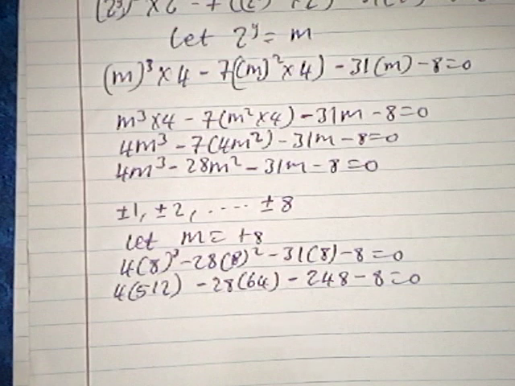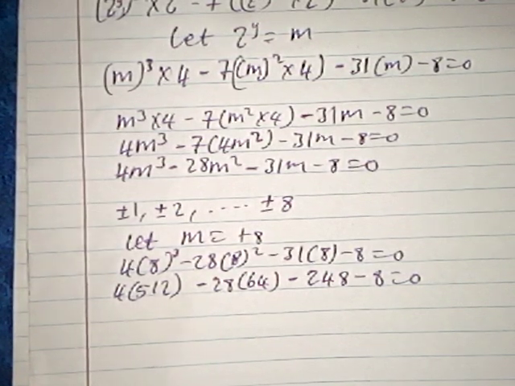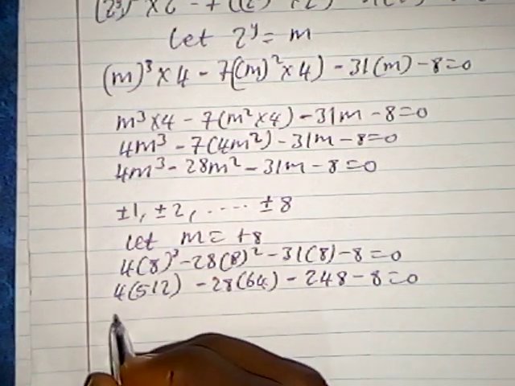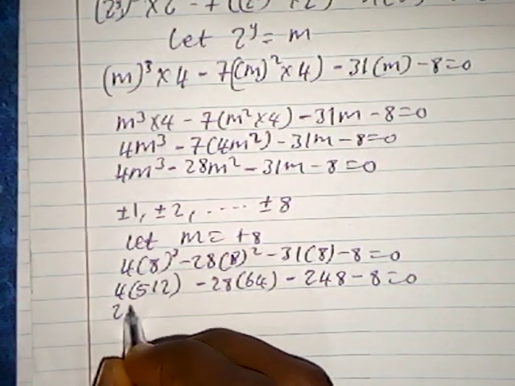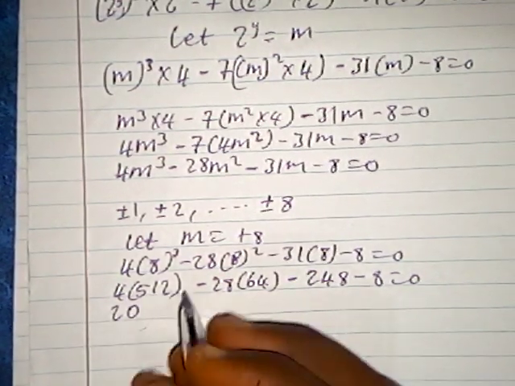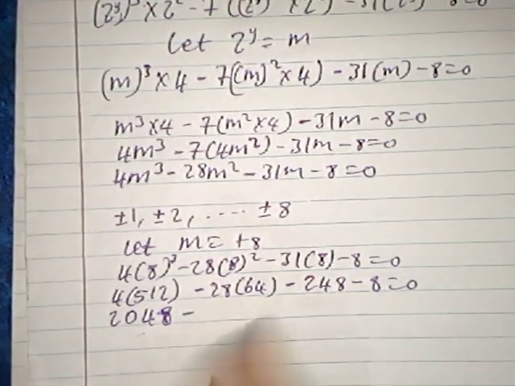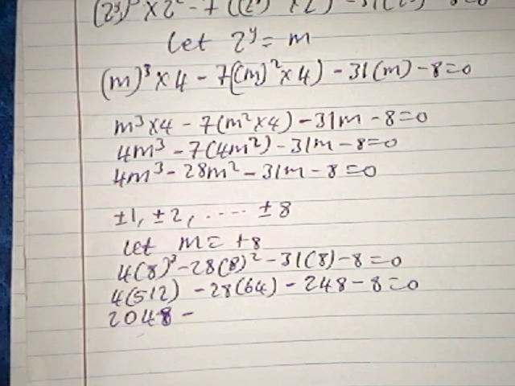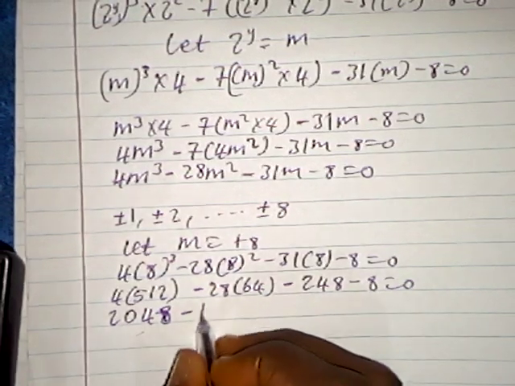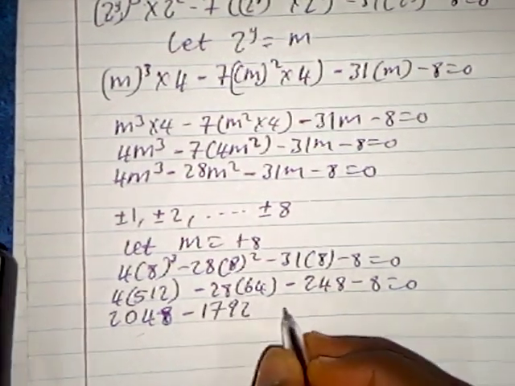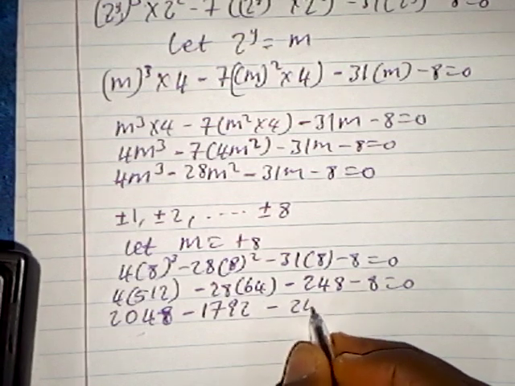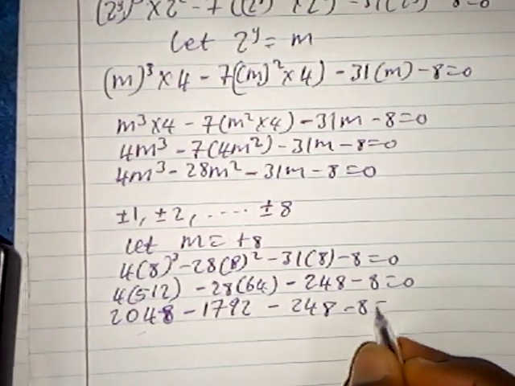Now let's see. 4 times 512 is going to give you 2048, right? Minus. So if we say 28 times 64 is going to give you 1792 minus 248 minus 8 equals to 0.